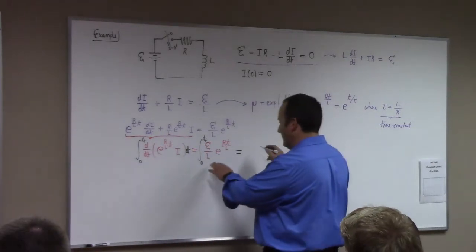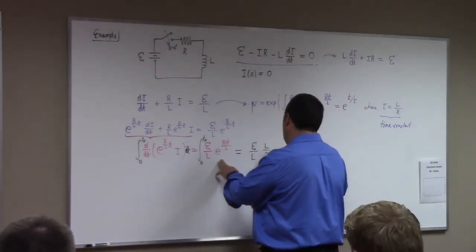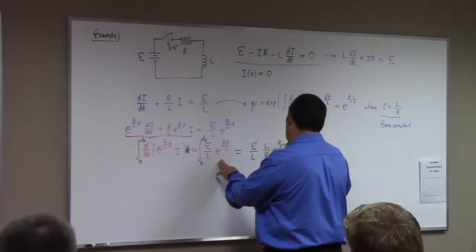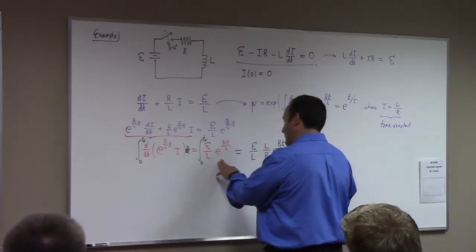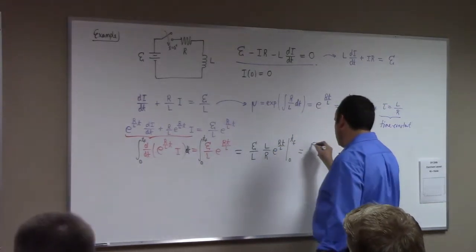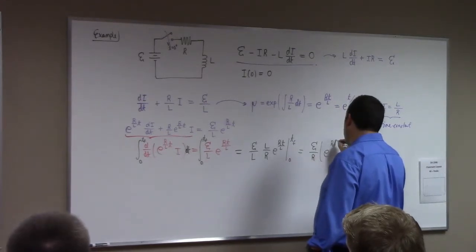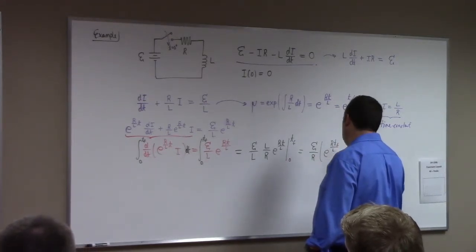So the right-hand side, that's E over L. By the chain rule, L over R, e to the Rt over L, evaluated from time 0 to time final. The L's cancel. We have E over R, e to the R tf over L minus 1.